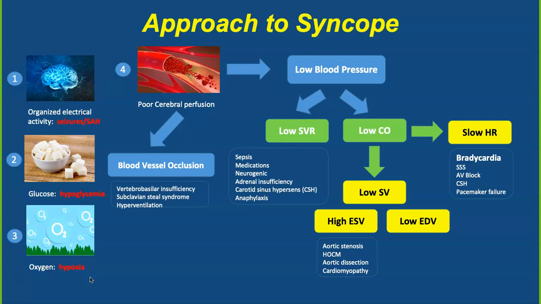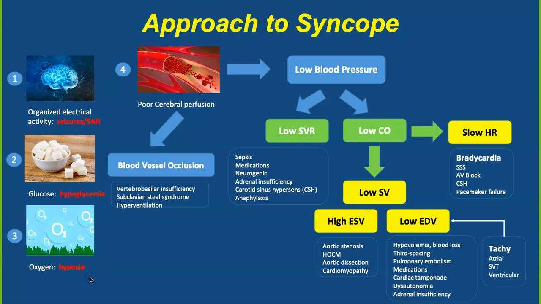And finally, low end diastolic volume may arise from hypovolemic states, which we've talked about before, or third spacing, pulmonary embolism, medications, cardiac tamponade, dysautonomia, and once again, adrenal insufficiency. And finally, tachycardia also may lead to poor diastolic filling. So think about atrial, supraventricular, or ventricular tachycardias.